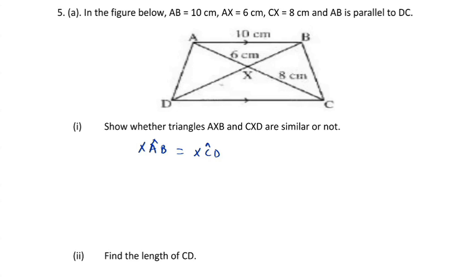Okay, also we are saying angle XBA equals XDC because they are alternate interior angles since lines AB and DC are parallel. Also, we are saying angle AXB equals DXC because vertically opposite angles are equal. Okay, so since all three corresponding angles are equal, then the triangles are similar by theorem AAA, meaning all three corresponding angles are equal.